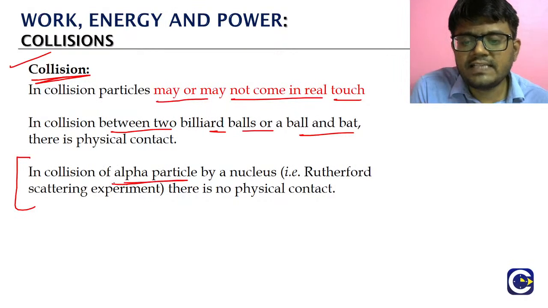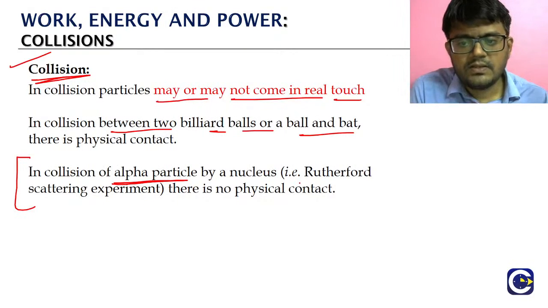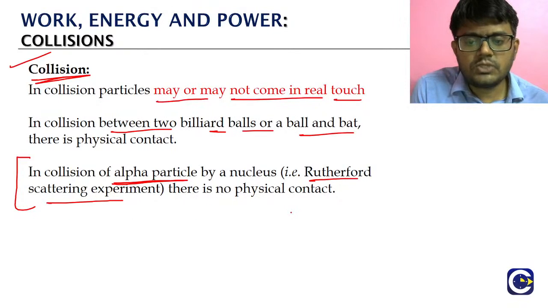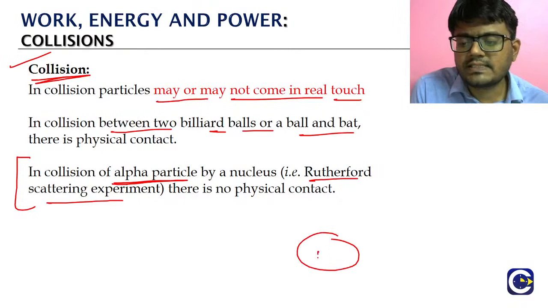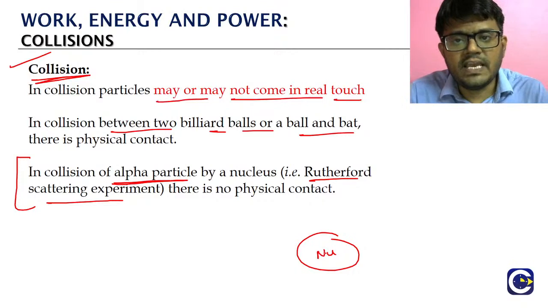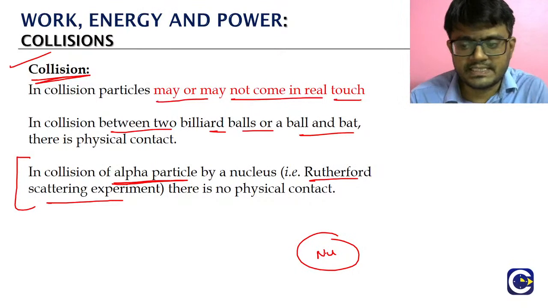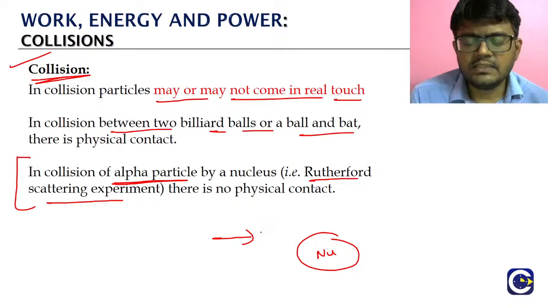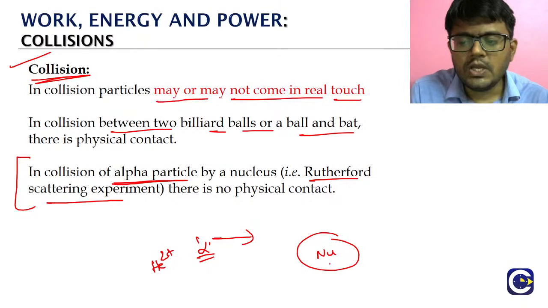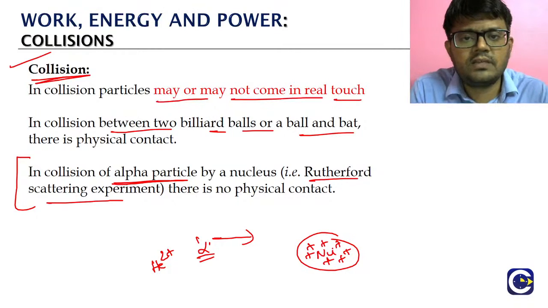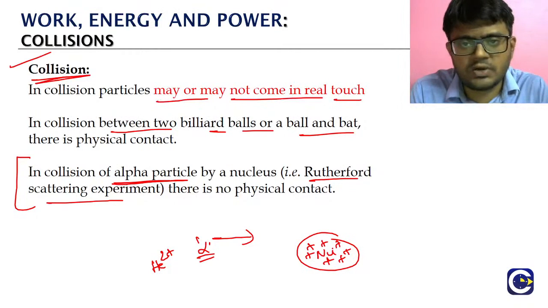One of them is what you might have already studied in your chemistry: the alpha ray scattering experiment, Rutherford's experiment. There is the nucleus of heavy atoms like a gold foil, that is what he considered, and the thin gold foil is bombarded with alpha particles. What are alpha particles? Helium 2 plus ions. The nucleus has a net positive charge, because it has just protons and neutrons, and protons are positive.